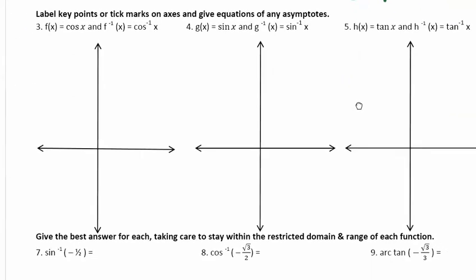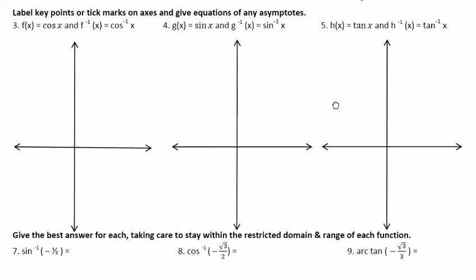Okay, a quick review again of our 3 inverse trig functions. So we need to have a good understanding of the original trig graphs. So the cosine graph has an amplitude of 1, and I'm going to choose this length as pi over 2 because pi over 2 is about 1.5.